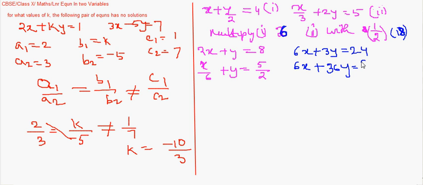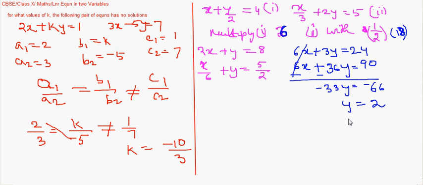That also we can do, because this will eliminate x, thereby getting minus 33y and minus 66, thereby giving us y as 2.